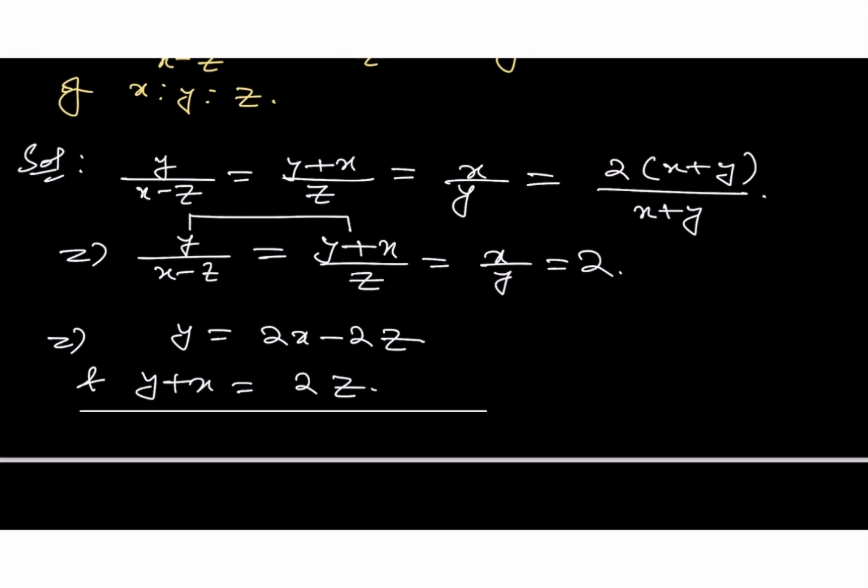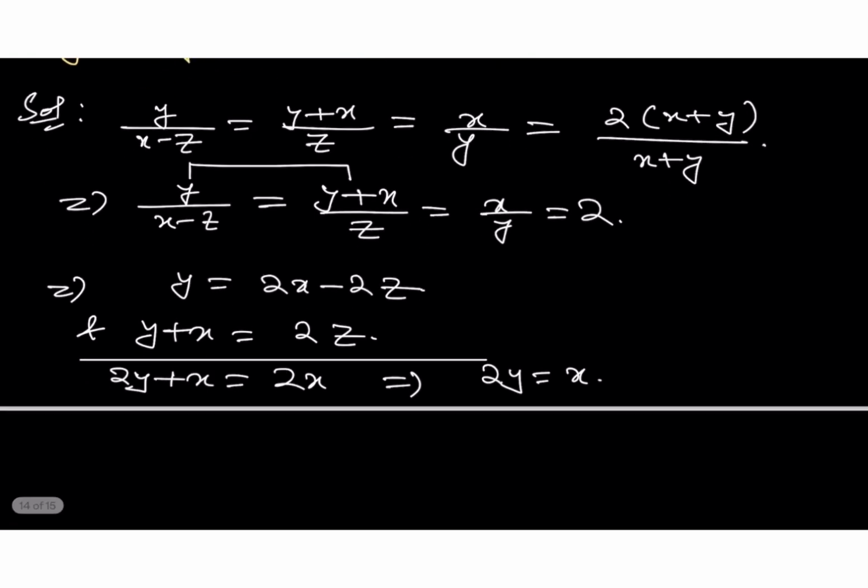So this is 2y + x is equal to 2x, or 2y is equal to x. What I am doing right now is making a relation in x, y and z. So similarly, if I am using these two, then y + x is equal to 2z and x is equal to 2y.